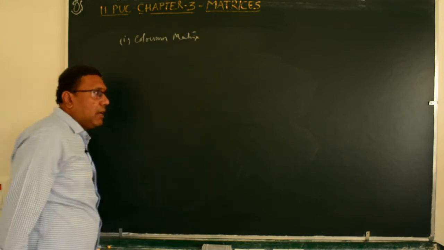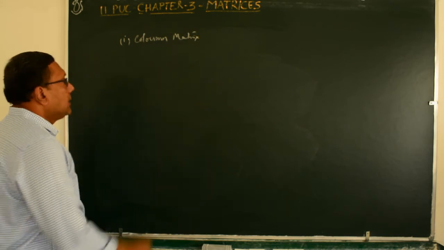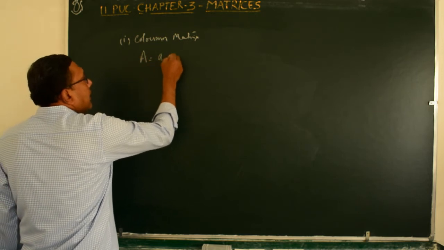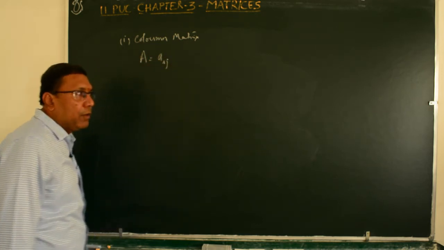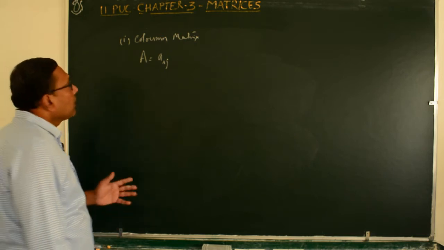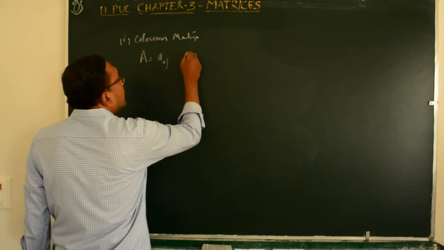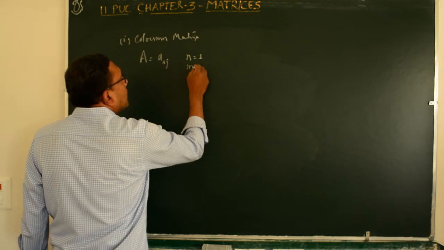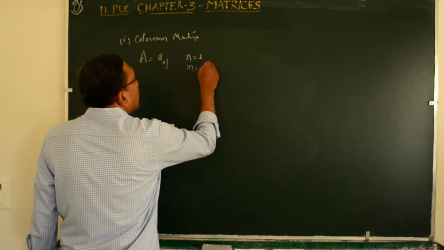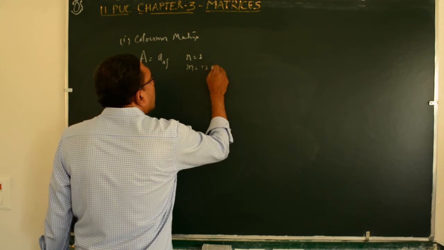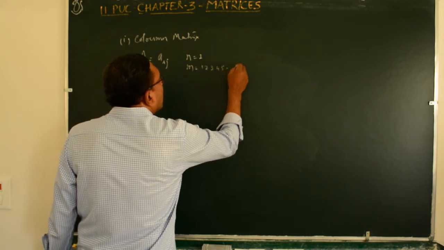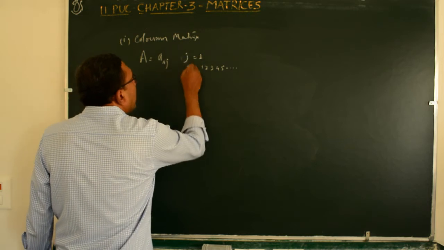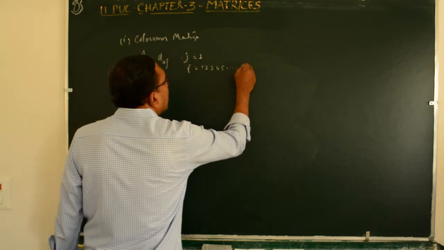In general, we can define this as Aij, since it has only one column. So here j should be 1 and i should be 1, 2, 3, up to m.